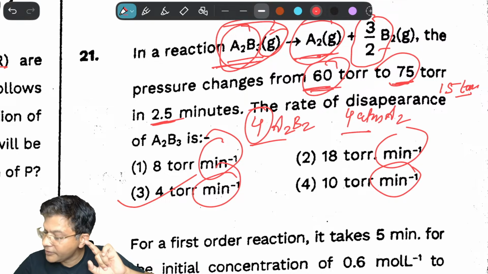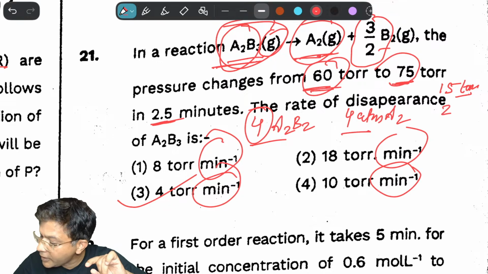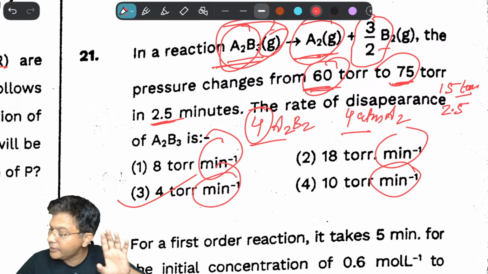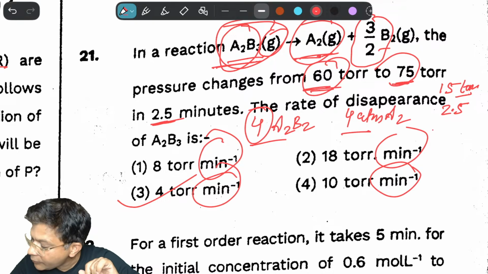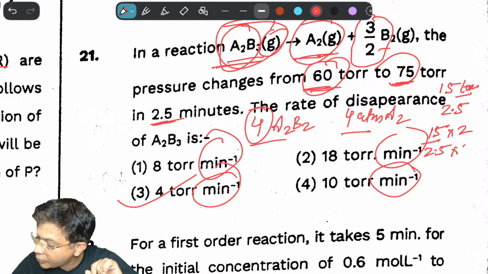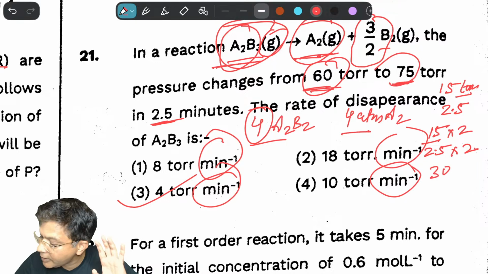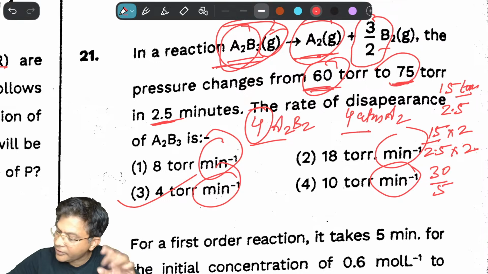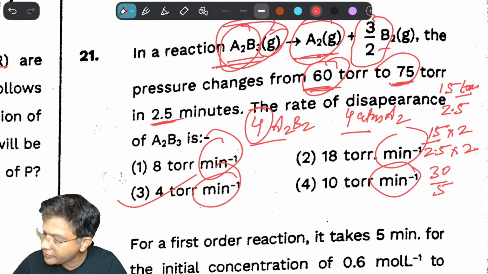The rate of disappearance of A2B3, 15 in 2.5 time. Can I write 15 upon 2.5, multiplying by 2 in the numerator and by 2 in the denominator? 30 upon 5. Is this rate right or wrong?